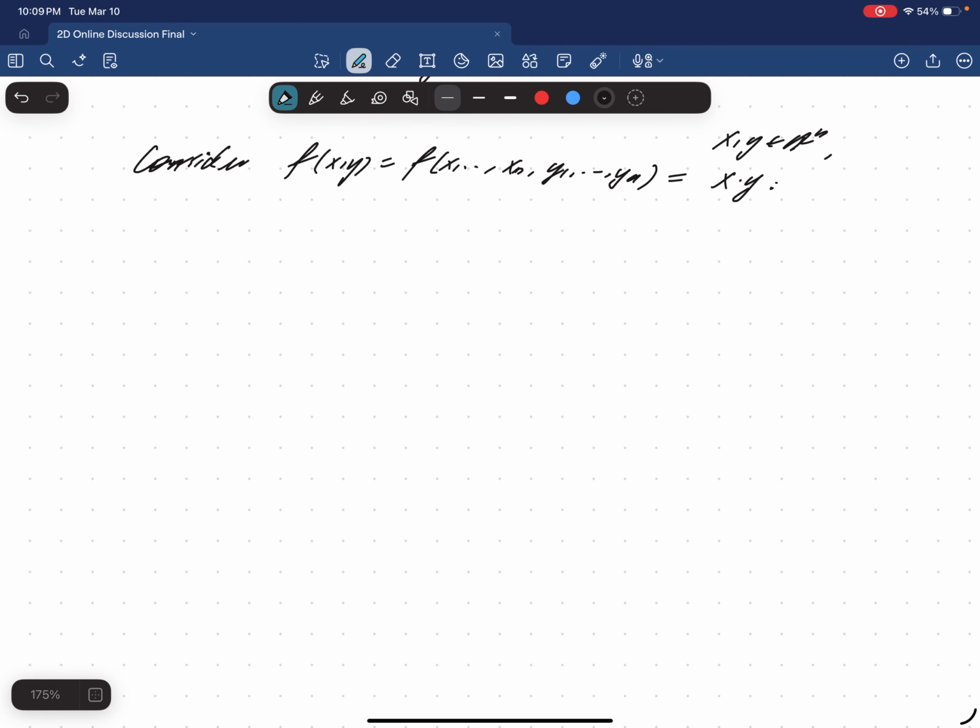And let me remind you what this dot product means. It means the sum from i equals 1 to n of xi yi.